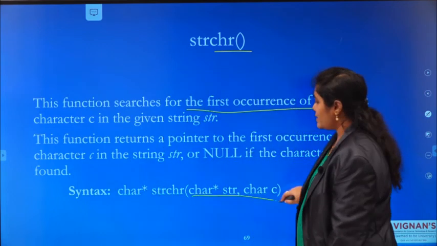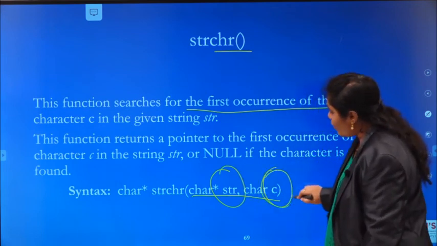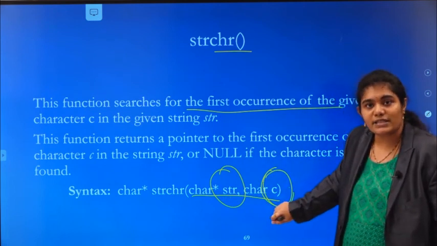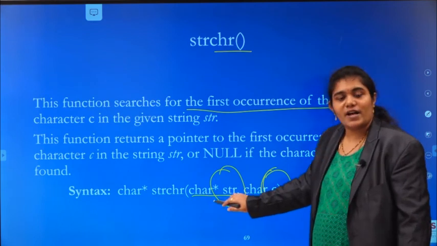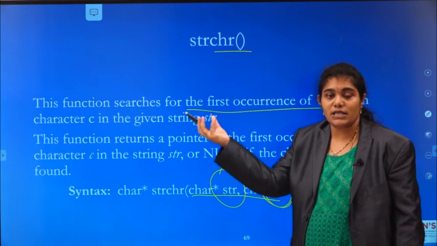See, this is the syntax. This is the string and this is the character. We are going to search for this character in the given string. If this character is available, this function will return the pointer to where it is first available.